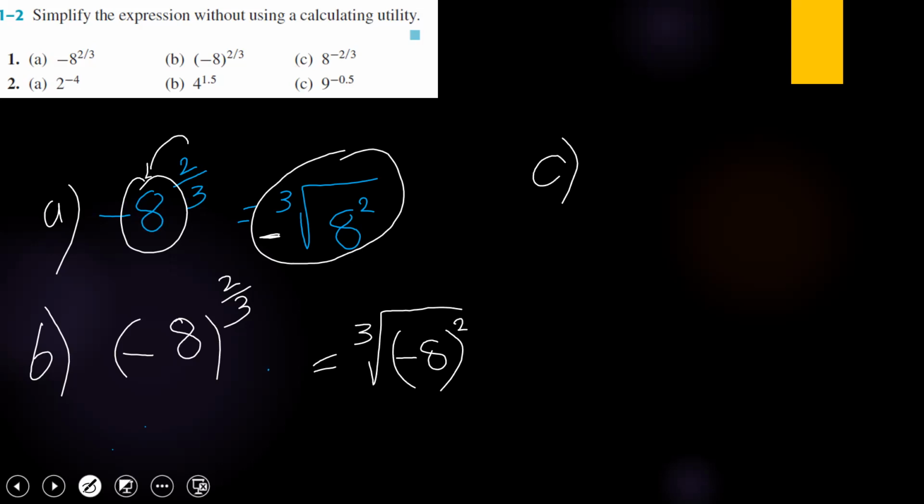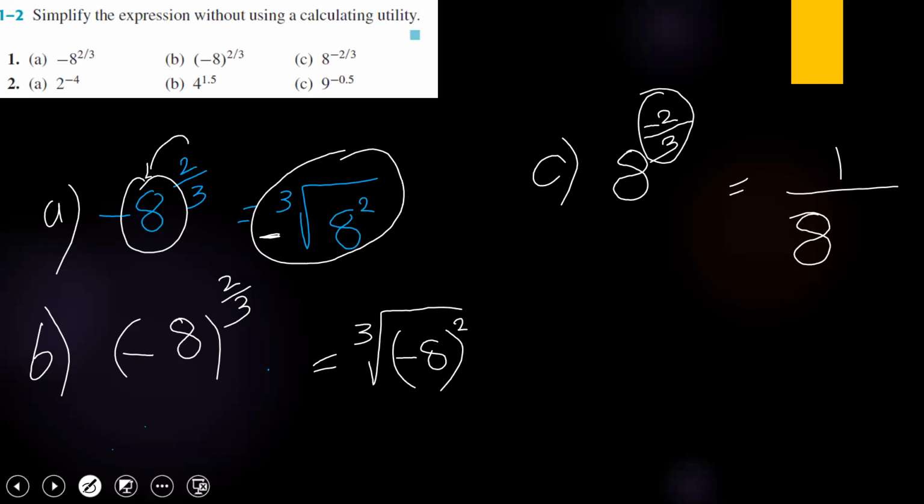Now let's see 8 to the power negative 2 over 3. How can I rewrite it here? Cubic root of 8 to the power negative 2? No. When I have a number raised to a negative exponent, first I have to write the reciprocal of the number, which is 1 over 8, and the opposite of the exponent, which is 2 over 3.